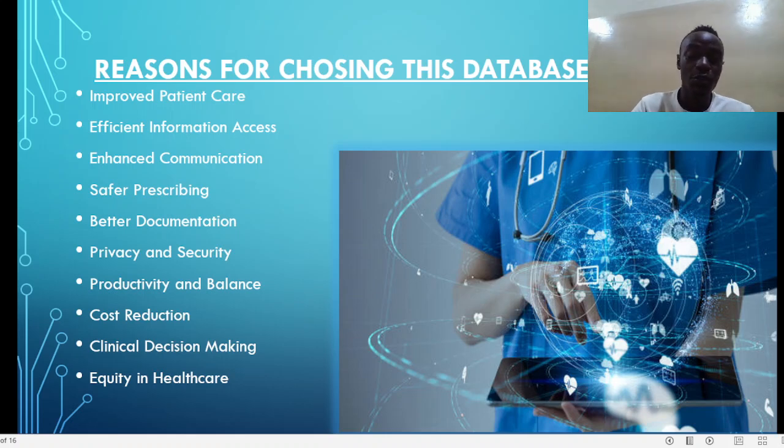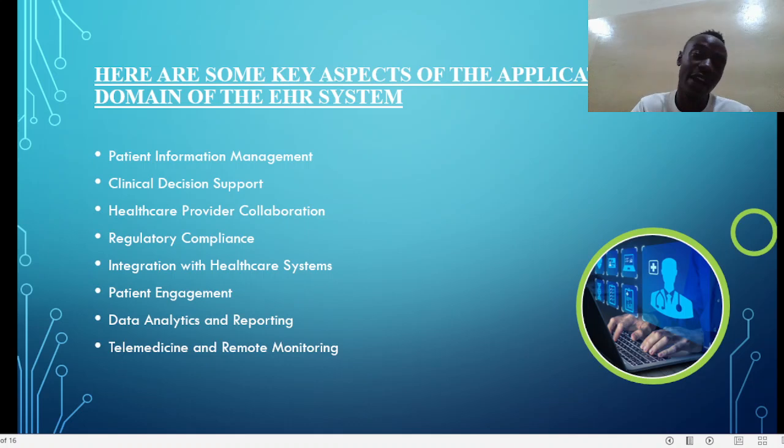patients' care. So we are going to our next slide, where we shall take you through the key aspects of the application domain. The application domain of my electronic health system encompasses the healthcare industry and involves the management, storage, and retrieval of electronic health information for patients.